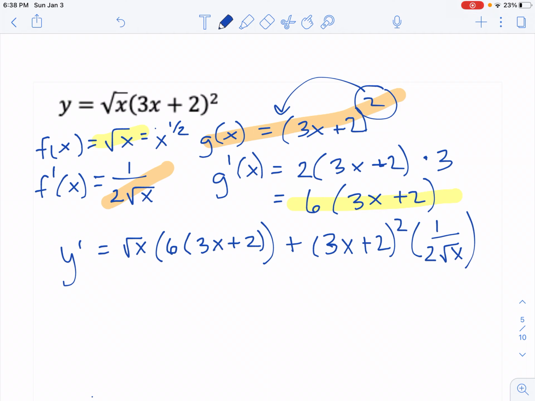I'm just going to see if we can simplify it a little bit. I'm not going to multiply and distribute by any means.